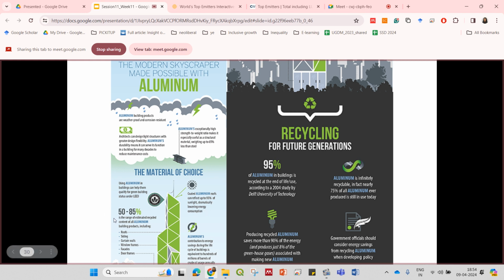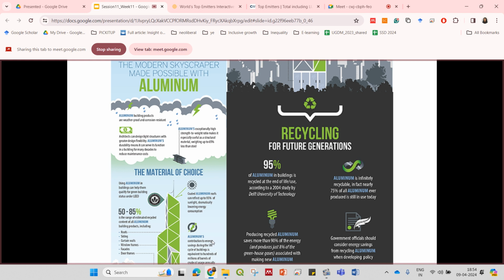Also, 50 to 85% is the range estimated for recycled content of all aluminum building products, including roofs, sidings, curtain walls, window frames, facades, door frames, etc.